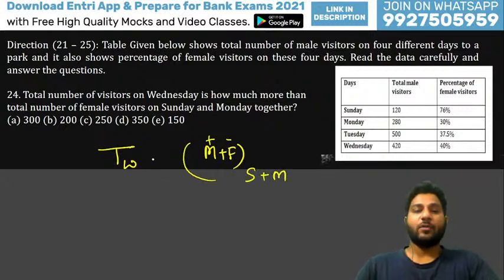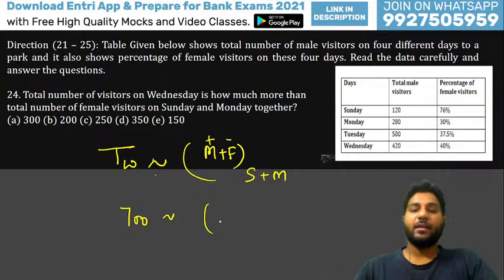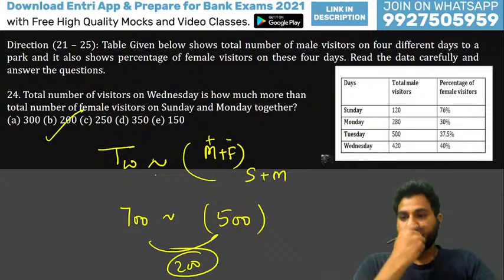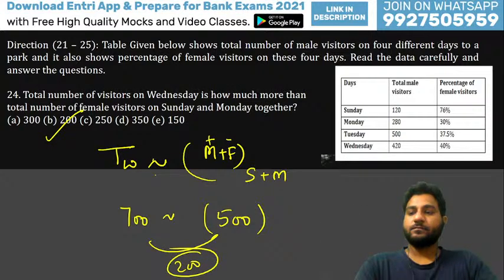So we have to calculate it. Total visitors on Wednesday will be 700. Now if we compare it with the total visitors on Sunday and Monday, which have 500, that makes the difference 200. So we have got it. B option is the correct one.